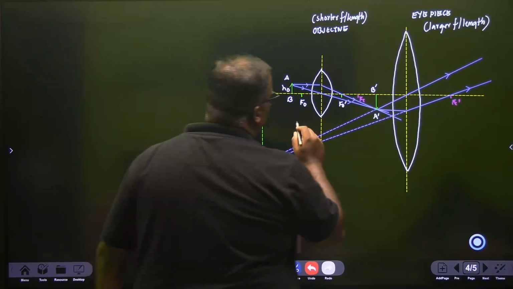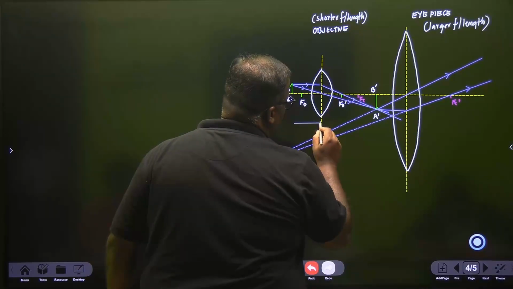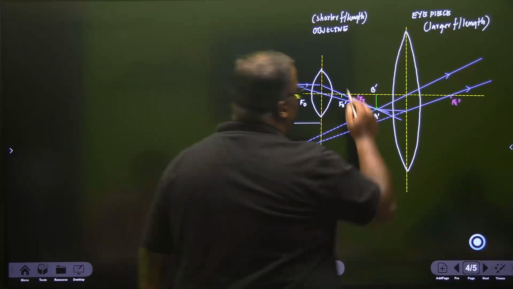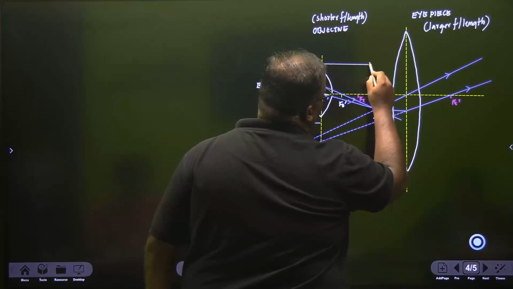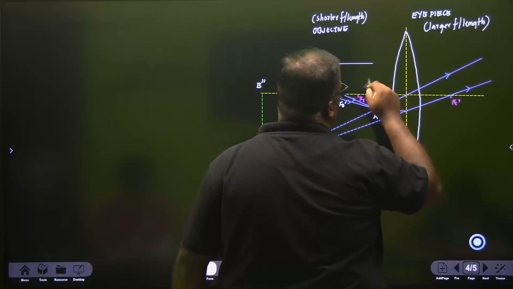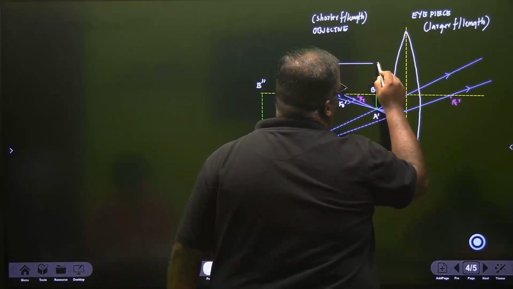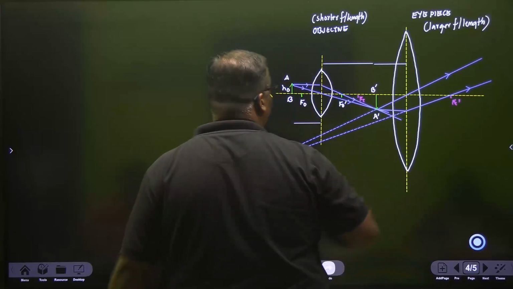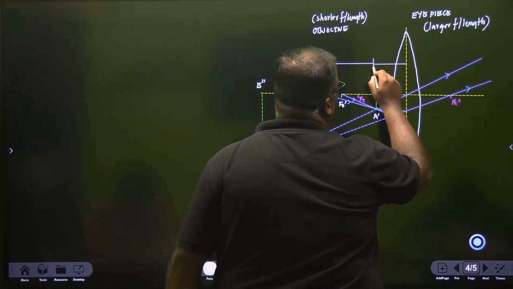So this is the initial object distance. This is image distance as seen for the objective, and this is object distance as seen for the eyepiece.